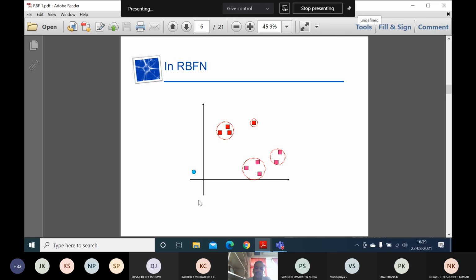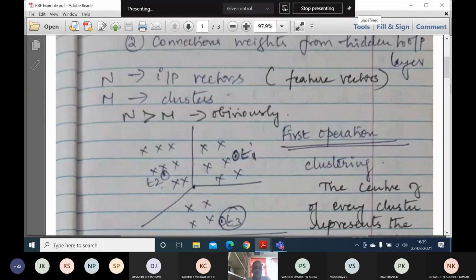So how many clusters am I going to form? This may be cluster number 1, cluster number 2, cluster number 3. Each has certain characteristics and specifications. Here my M value is obviously 3.